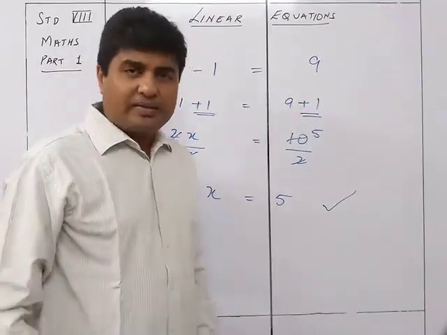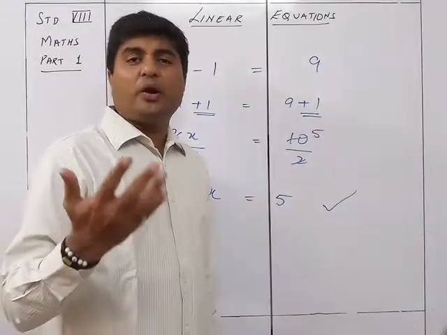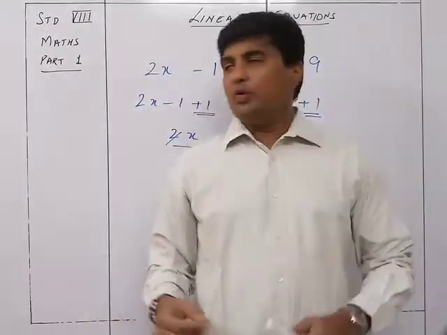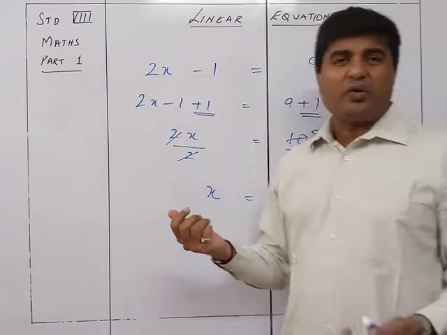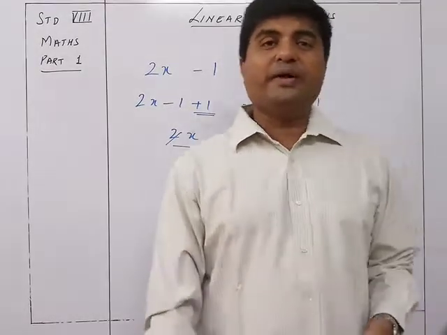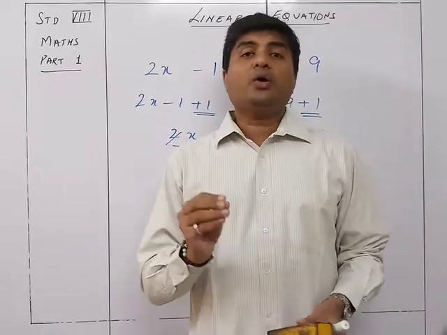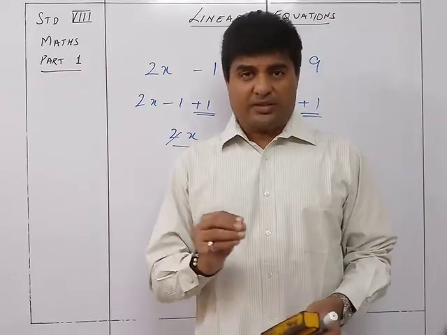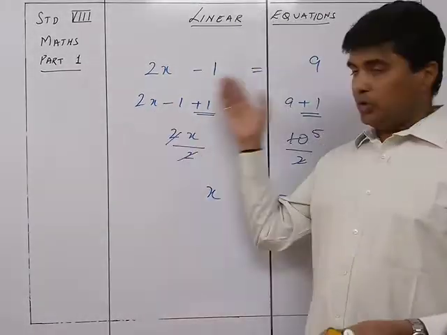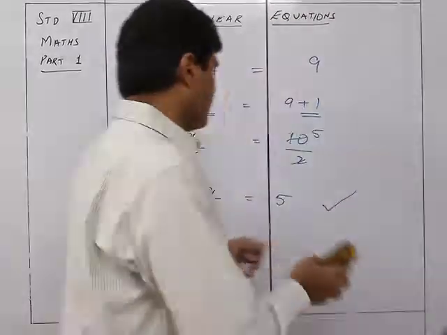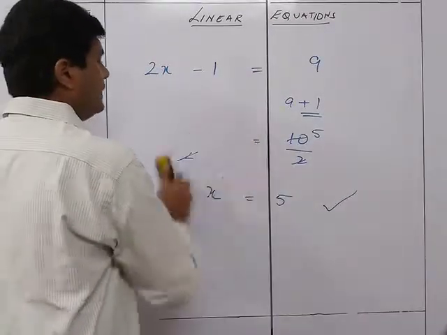There is also one more method, and that method is normally what you are going to apply, because every time doing 2, 2, 3, 3 things over here is not going to be so convenient. So we are going to use another method where you are going to do something opposite to this thing. I'll just show you that, for your proper understanding.